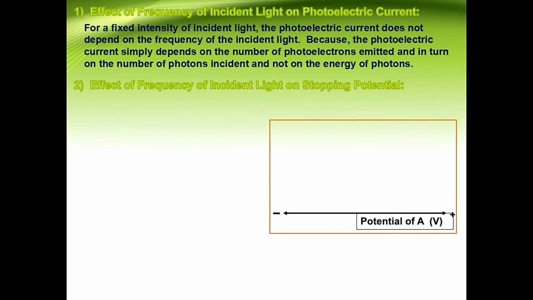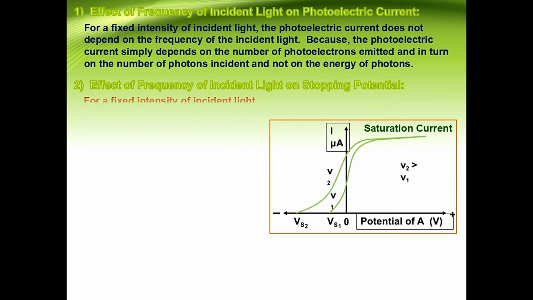However, the saturation current is same for different frequencies of incident lights. When potential is decreased and it's taken below zero, photoelectric current decreases to zero, but at different stopping potentials for different frequencies.